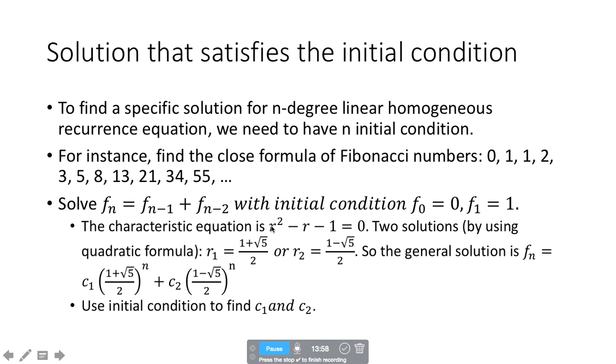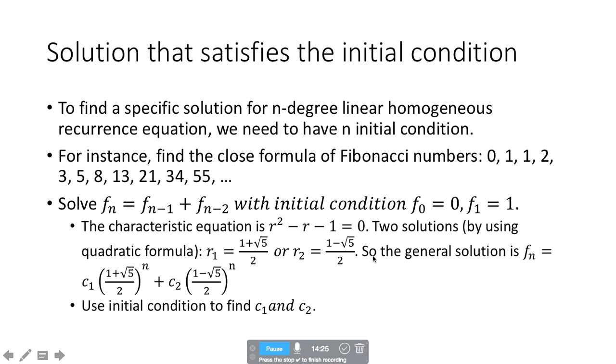The coefficient a is 1, b is negative 1, c is negative 1. So the solution equals negative b, which is 1, plus or minus the square root of b squared, which is 1, minus 4ac, which is negative 4. 1 minus negative 4 is 5. So the square root of 5. So you have those two solutions.